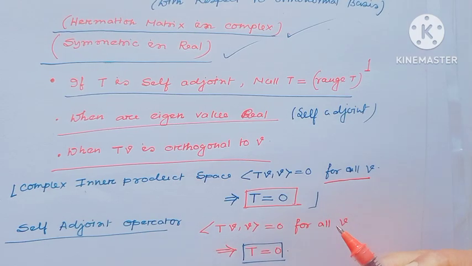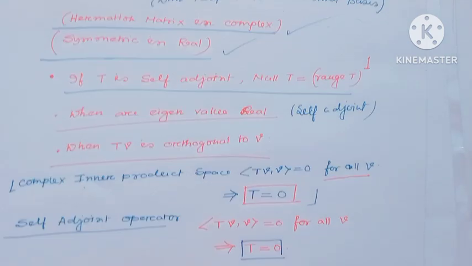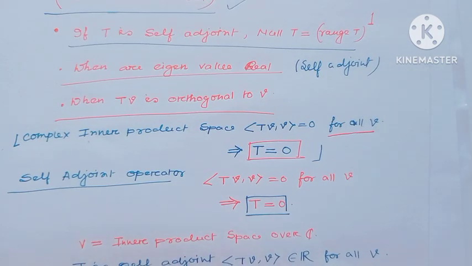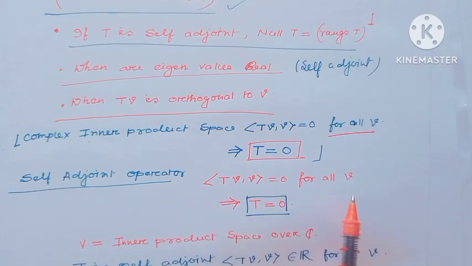But in the real case, this is not always true. However, if the operator is self-adjoint, then the inner product of TV with V equal to 0 for all V implies the operator T is 0, and this is true in all cases, complex and real.